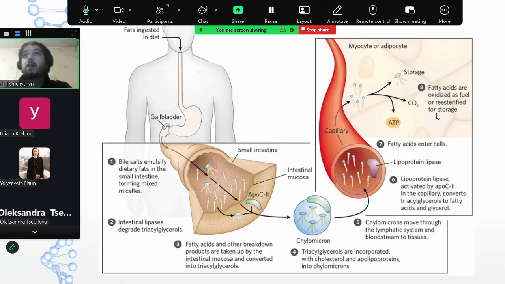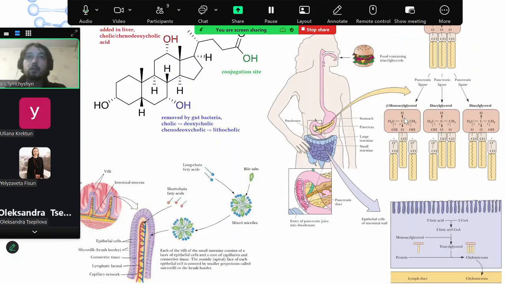Then they may be oxidized if we need energy right now and used in the Krebs cycle, so they will be transformed into acetyl-CoA, and that acetyl-CoA will go to the Krebs cycle, or they may be once again reesterified and transformed into triacylglycerols that may be stored in that tissue for some future usage. Maybe we will need them.